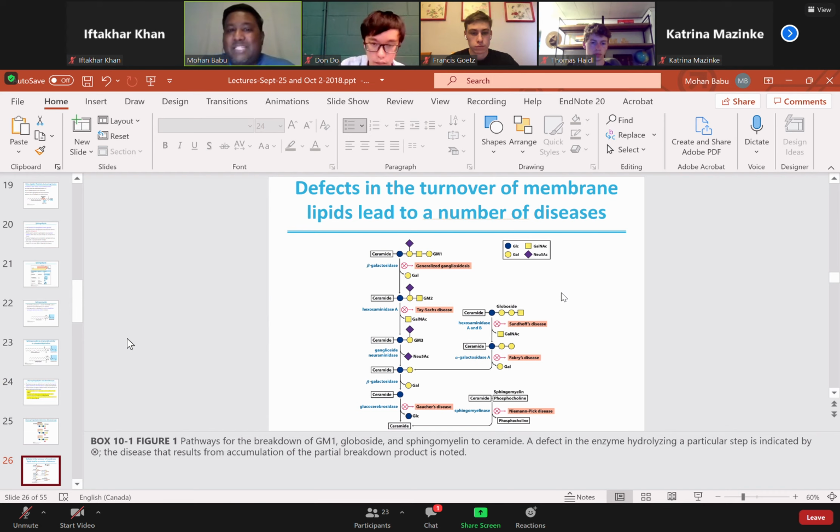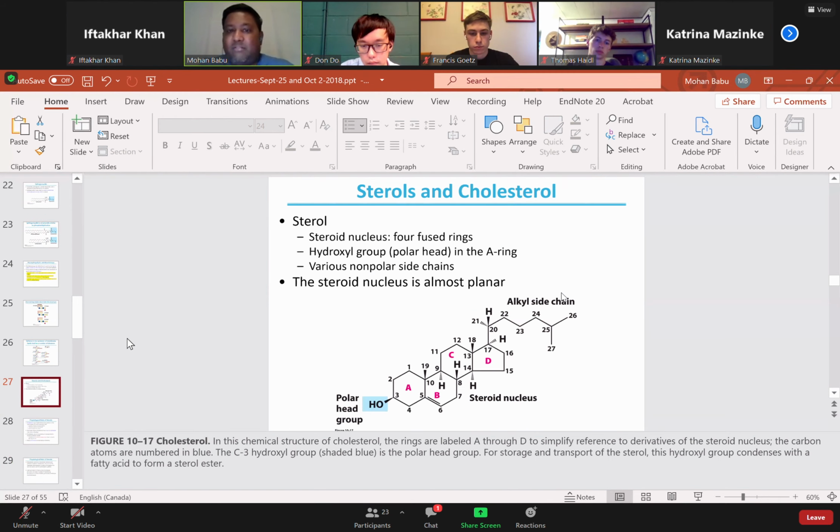So basically this is just a steroid nucleus, and its derivatives are being shown here, with each of these carbon moieties arranged in the polar head group. You don't have to memorize the structure, but the one take-home message here is that the chemical structure of cholesterol has a steroid nucleus.